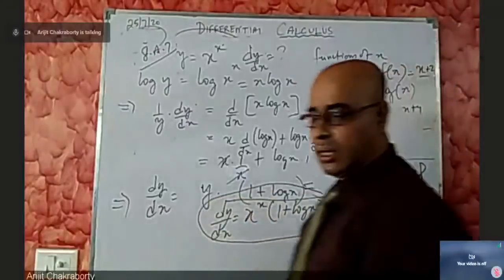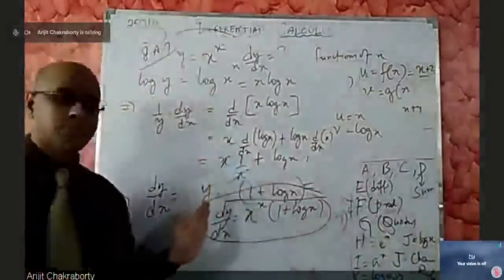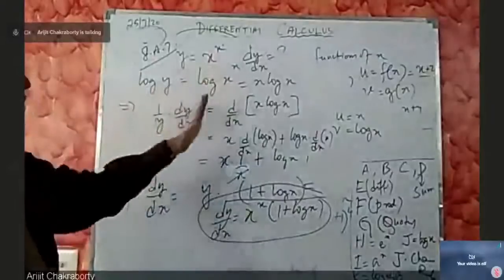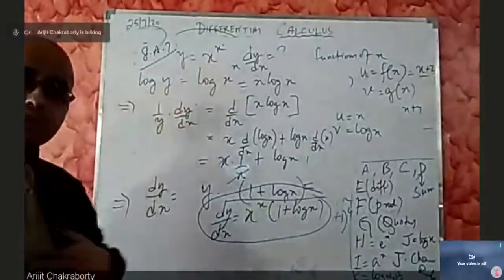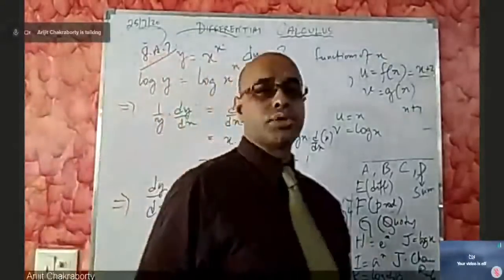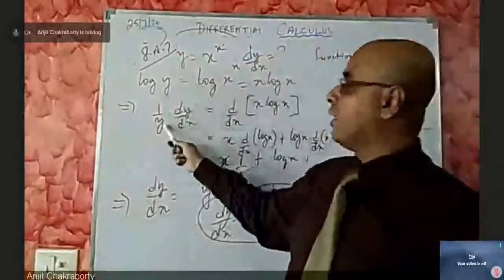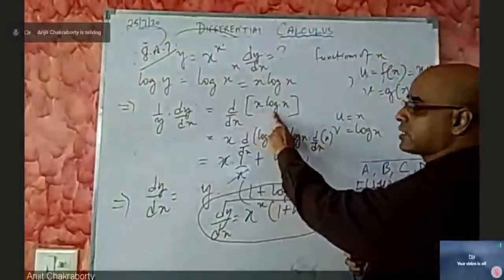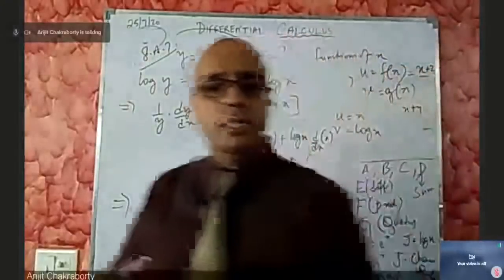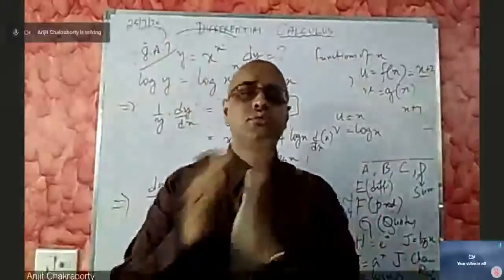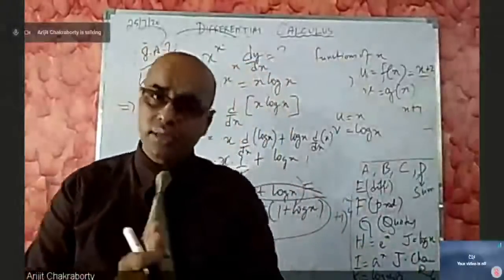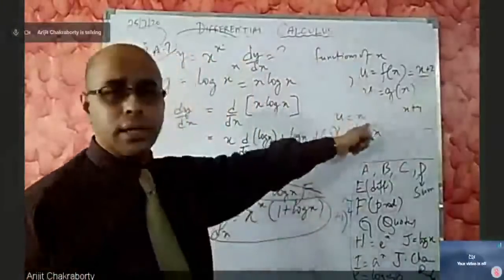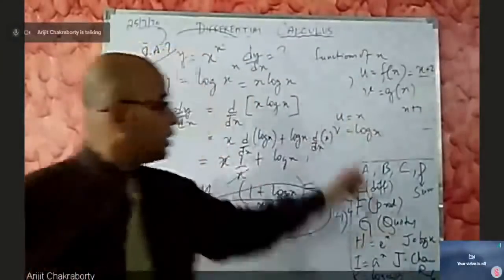I think it's clear. What we have done is logarithmic differentiation. When you are given this type of expression, we take the log of both sides. It becomes easier for us to find the differential coefficient. So we took 1 by y into dy by dx. On this side it is d/dx of x log x. Now x log x is of the form u into v, where u is the first function x and v is the second function log x.